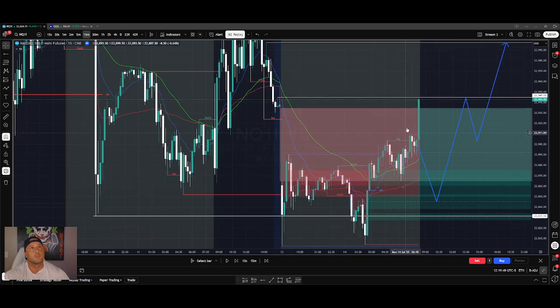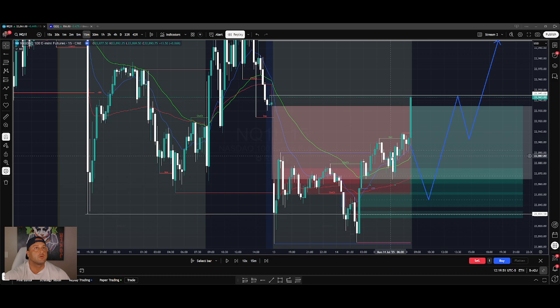Before market open, we actually took a long trade. I'm sorry, we took a short off of the liquidity sweep that happened here on Asia highs. So we took a short somewhere in this area and ended up having to hold it into this push. Because of the position size I was in, I ended up having to close the trade for a loss.